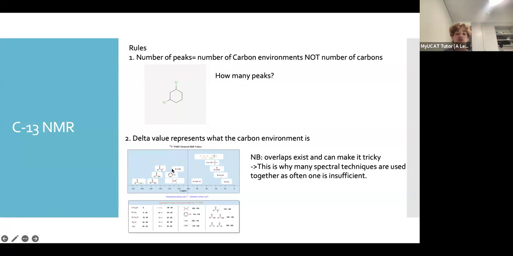This white box extends between a chemical shift over here and over here, and therefore, if you see a spike in this range, it could be this environment. However, the key point here is that often the white boxes overlap, and what that means is that you don't really get a definitive answer straight away. You're going to have to use a lot more techniques because you get an overlap. So if you saw a spike in this range, it could be any of these three different carbon environments.